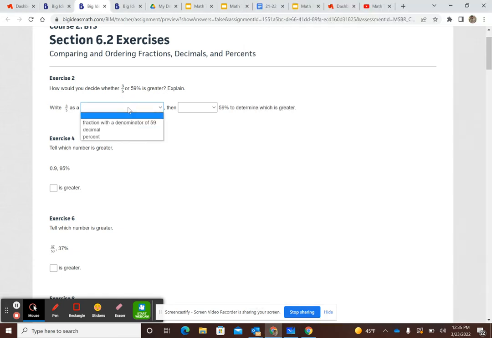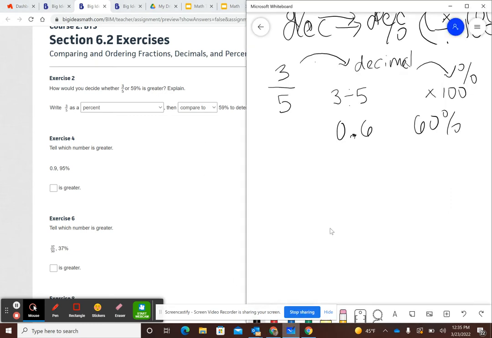So I'm going to write 3/5 as a percent, then compare to 59% to determine which one's greater. And I do know that 3/5 is greater because when it's written as a percent, 60% is greater than 59%.